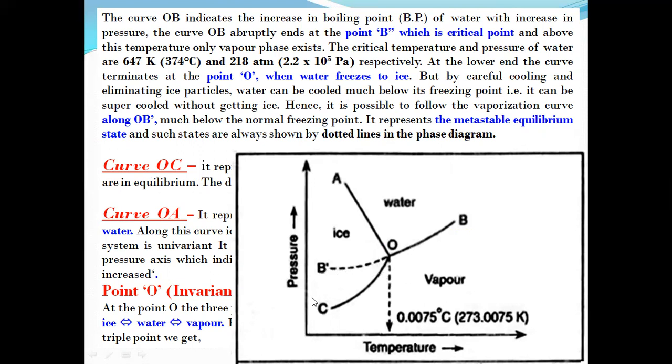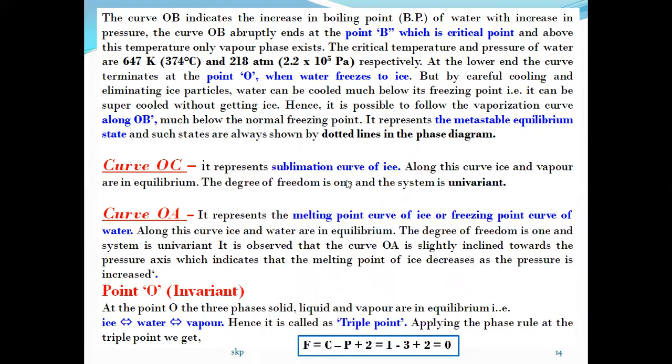Now the next curve is OC. It represents the sublimation curve of ice. So what is sublimation? Sublimation means that a solid substance is directly converted into vapor, instead of being converted into liquid.